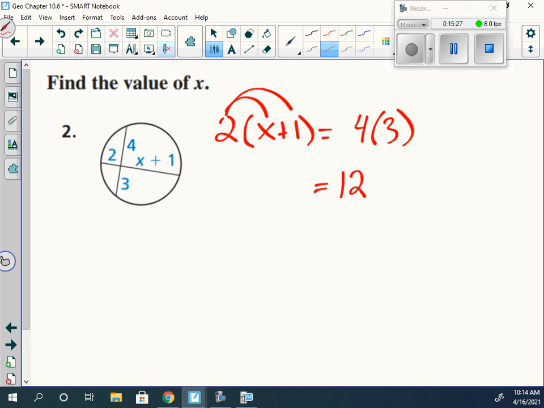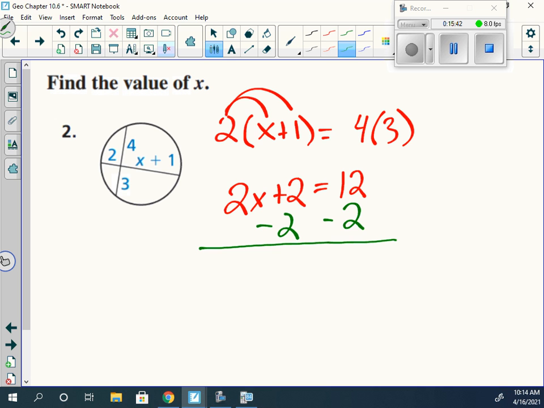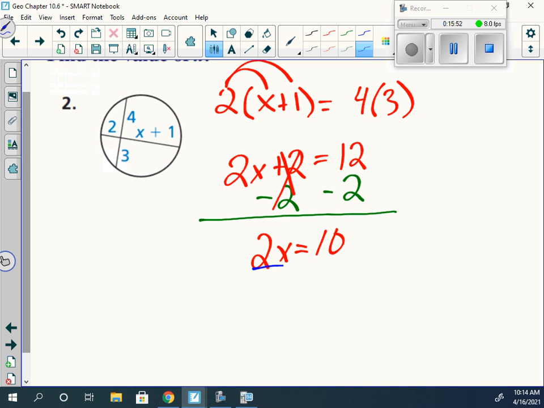Exactly, it would be 2x plus 2 because we can distribute the 2. 2 times x would be 2x, and 2 times 1 is 2. And now what? Subtract 2 from both sides. These would cancel, leaving us with 2x is equal to. Divide both sides by 2. And it just told us to find the value of x, so we're not worried about finding any lengths.